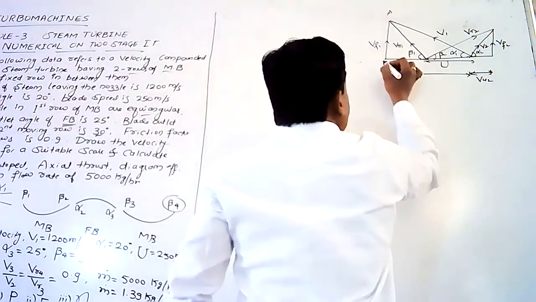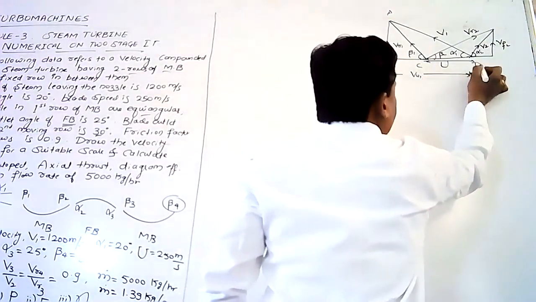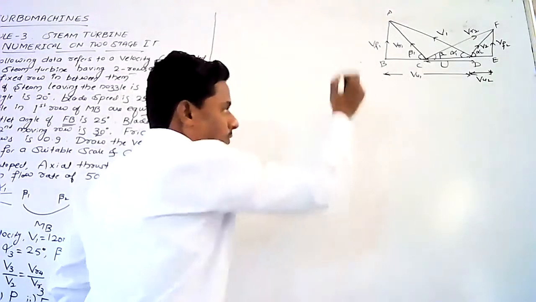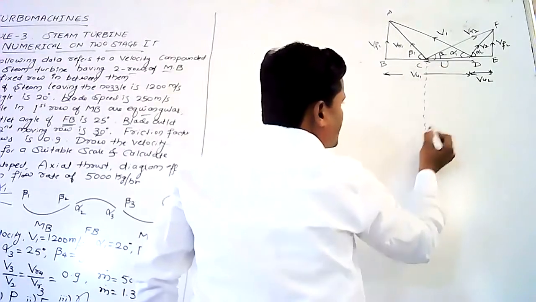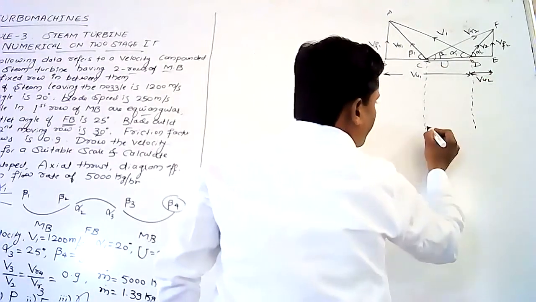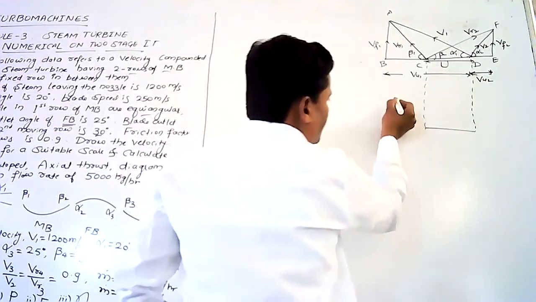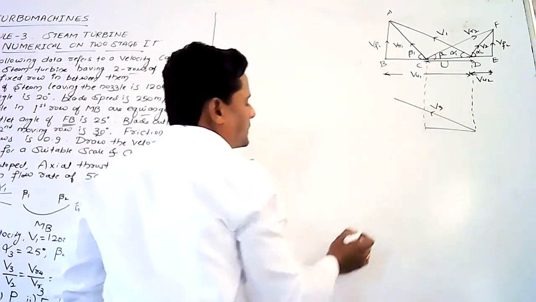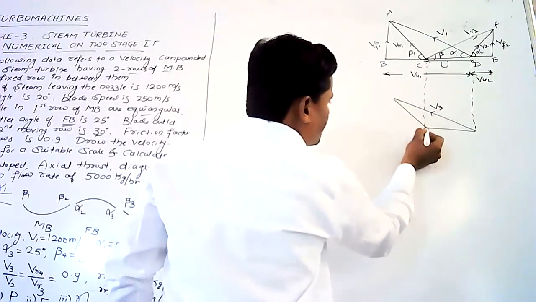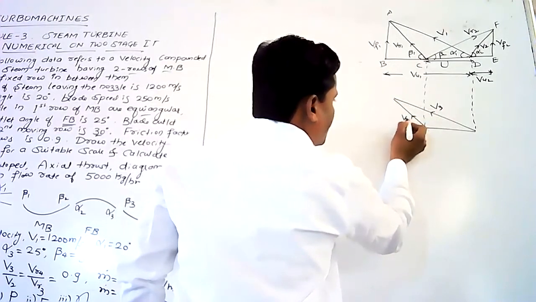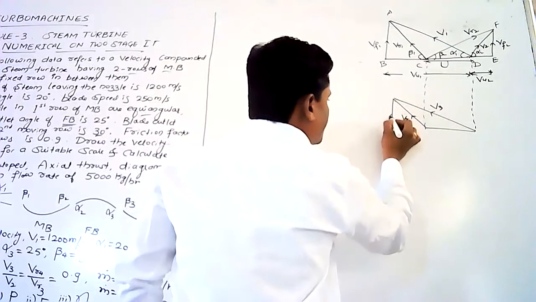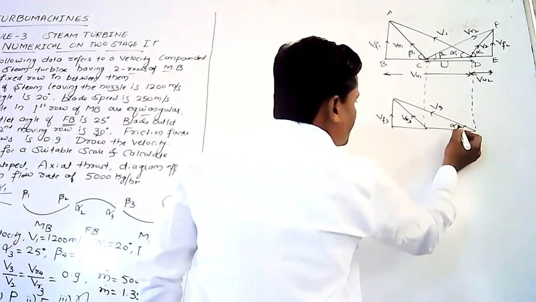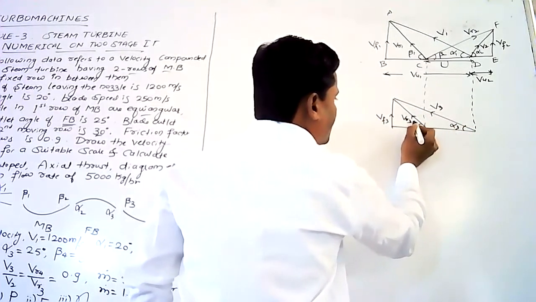Now name all the points A, B, C, D, E, and F. This is for the first stage, and the second stage has the common base U. V3 is the absolute velocity of steam entering the second row of moving blades. This is VR3, the relative velocity component at inlet. This is VF3, the flow velocity component, alpha 3, and this will be beta 3 here.